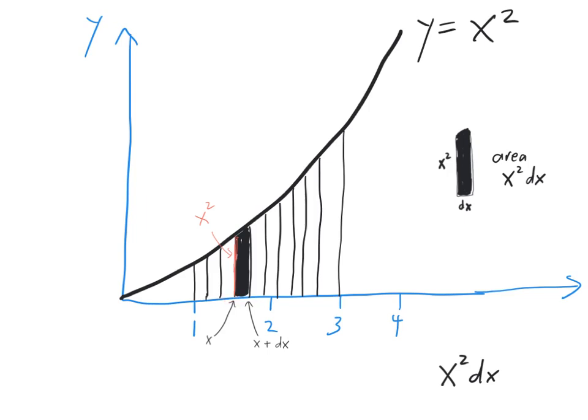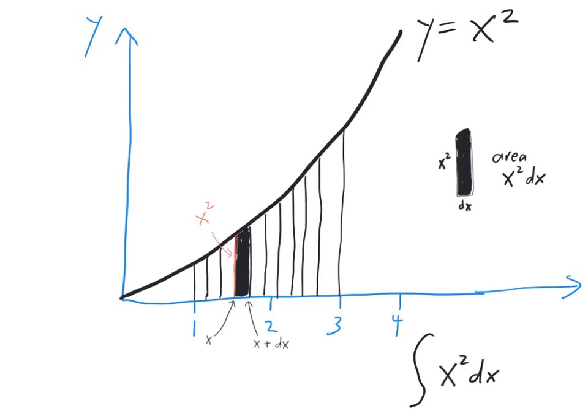But I want to add up the areas of all these rectangles, from the rectangle starting at x equals 1 and ending at the rectangle near x equals 3. So here's the symbol that I'm going to use to denote summing all these rectangles up. There's the symbol. Oh, look, it's the integral symbol.